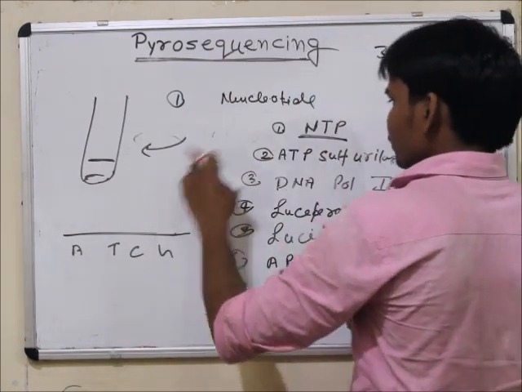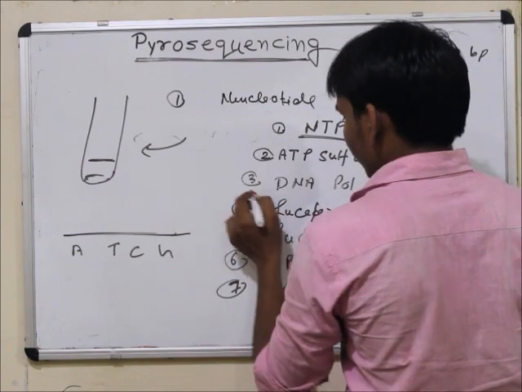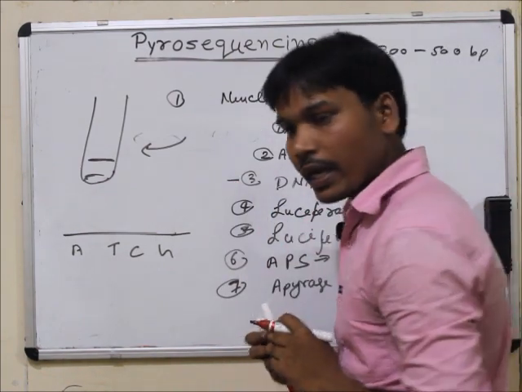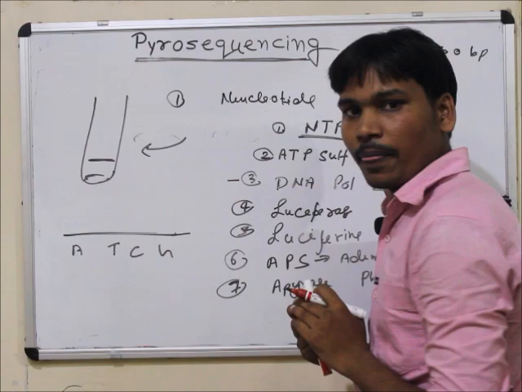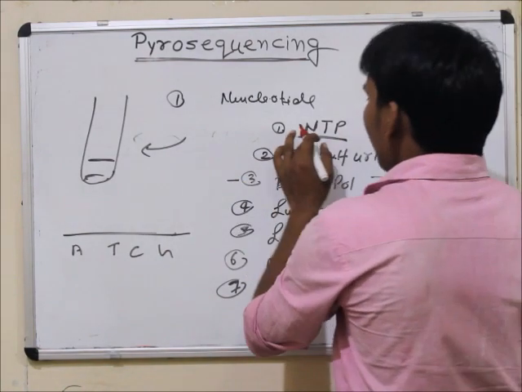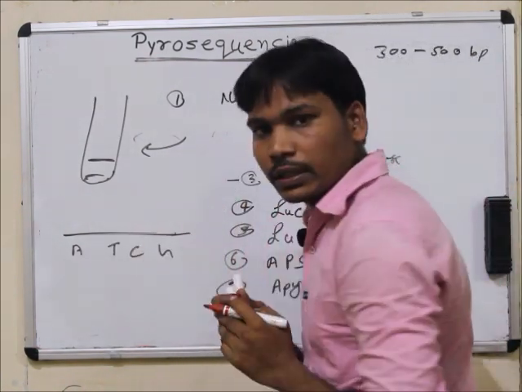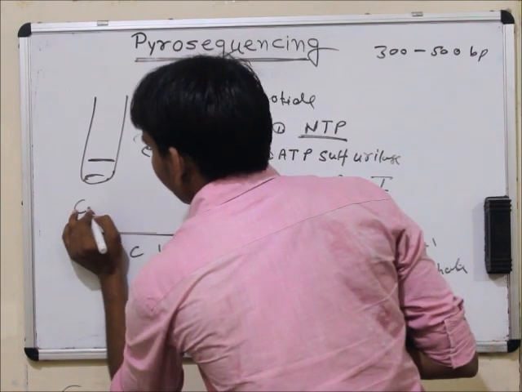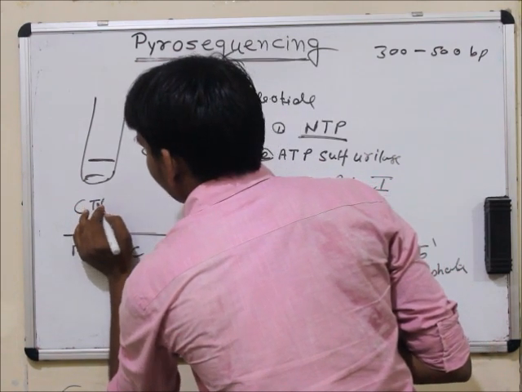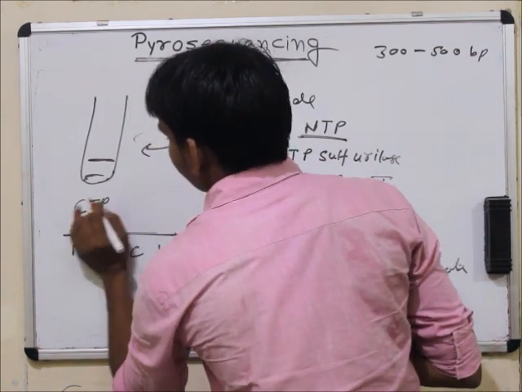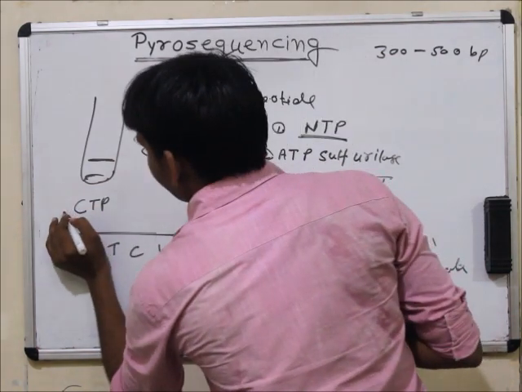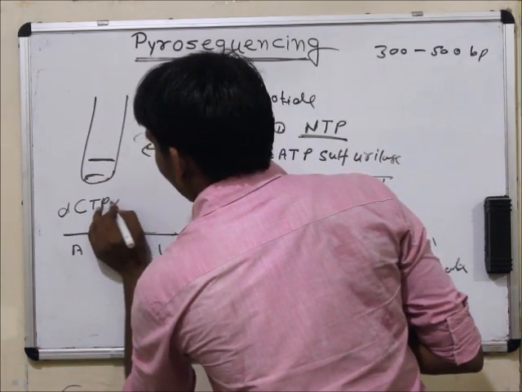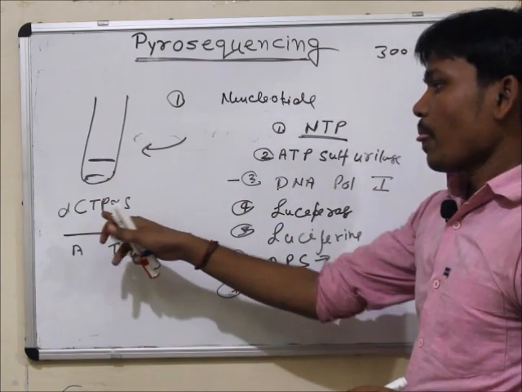Then DNA polymerase adds the nucleotides. We take only cytidine, the deoxycytidine triphosphate alpha S.